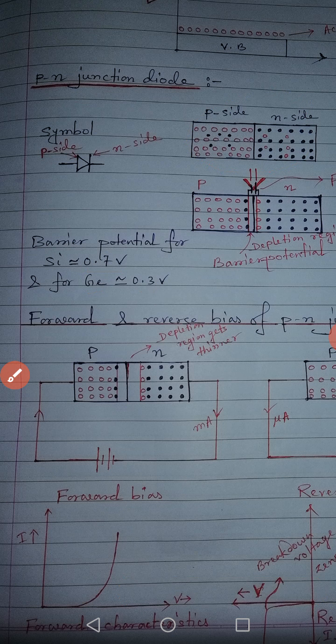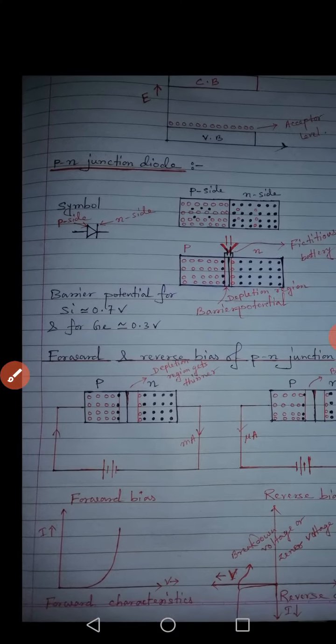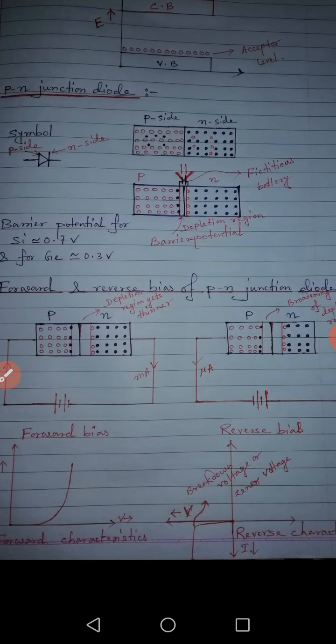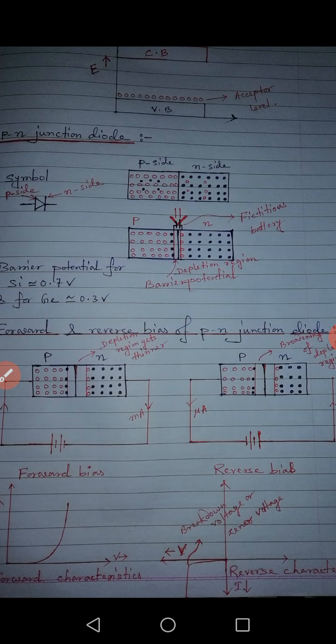Okay, then next is forward and reverse bias of p-n junction diode. See, generally when we connect a battery across a p-n junction diode, we get the diode in two modes. One is called forward bias mode, the other one is called reverse bias mode.